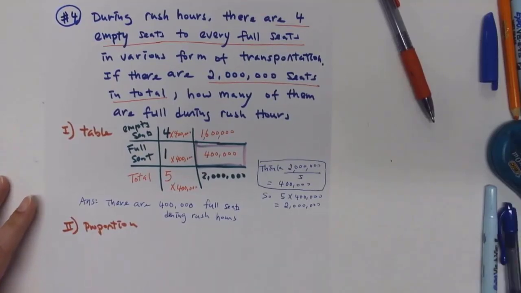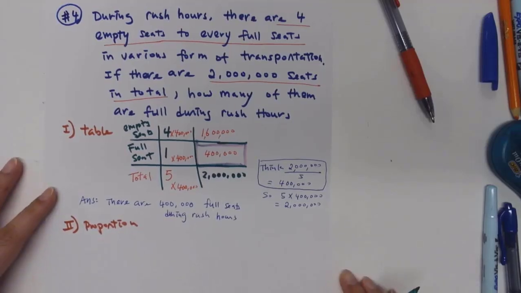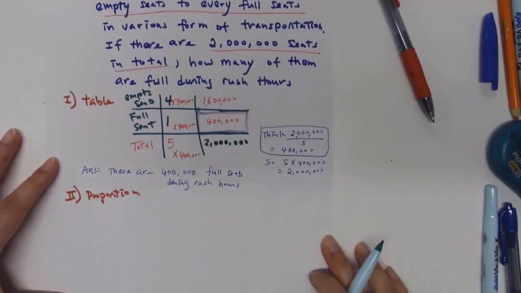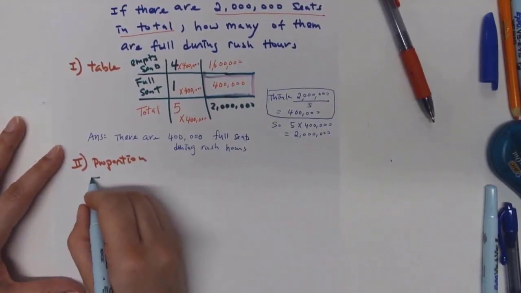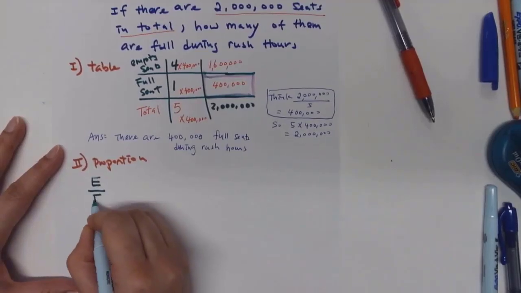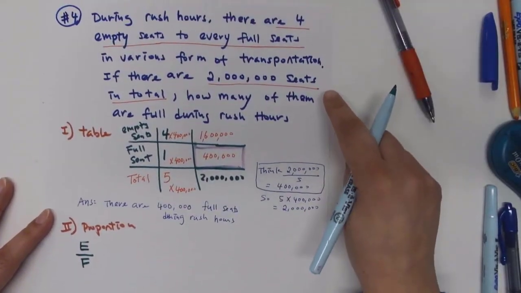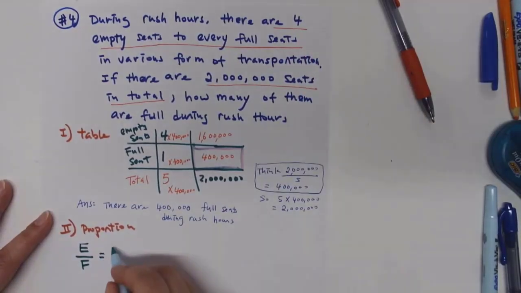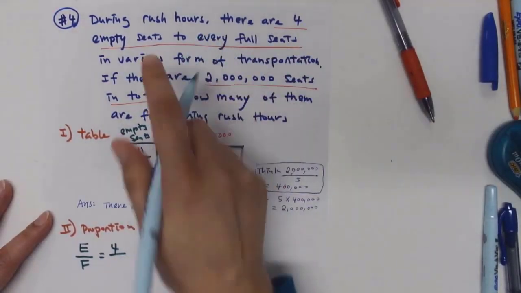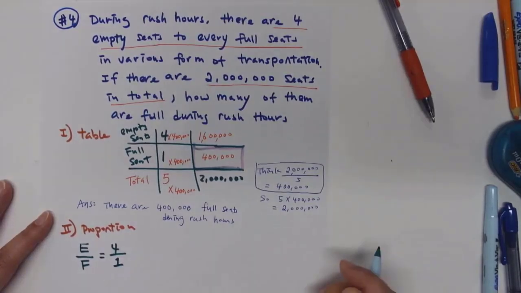And then we're going to need to use proportion. This one is slightly tricky. The last two word problems are a little bit trickier, so you have to kind of think about it. You would think we do empty seats to full seats because that's the ratio that they gave us, right? Which is 4 empty seats for every 1 full seat, right?